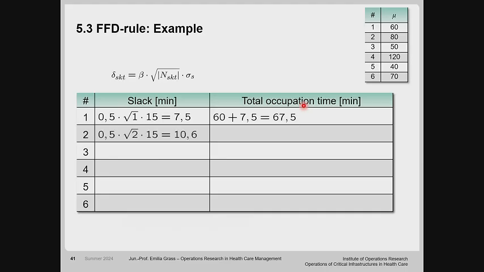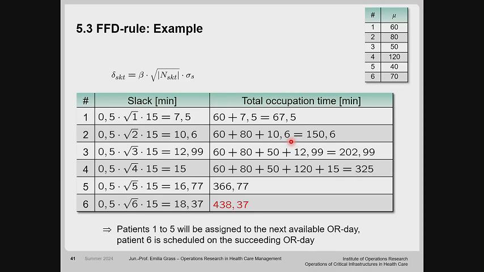The second patient: the only thing that changes is the number of surgeries. So we have 2. The total occupation time of this room is 60 for the first patient, 80 for the second patient, plus the slack time for both surgeries. You can see here, the higher the number of surgeries, the more slack time we have to take into account.